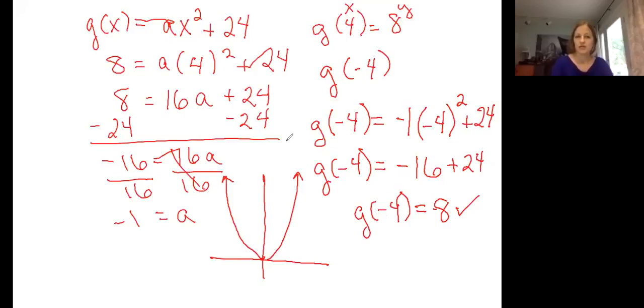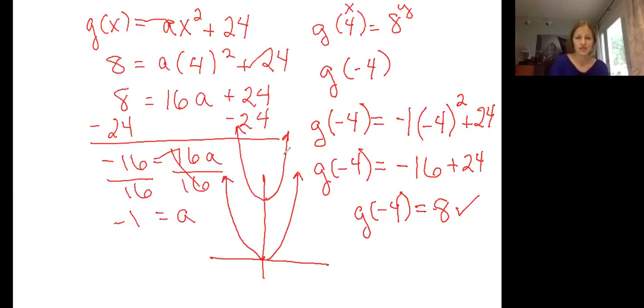And I know, if I'm a very savvy math student, that ax squared plus 24 did not move right or left at all. That plus 24 moved it up 24. So if I was looking at what this graph looks like, even if I don't know what a equals, I know that it's symmetrical about this axis.